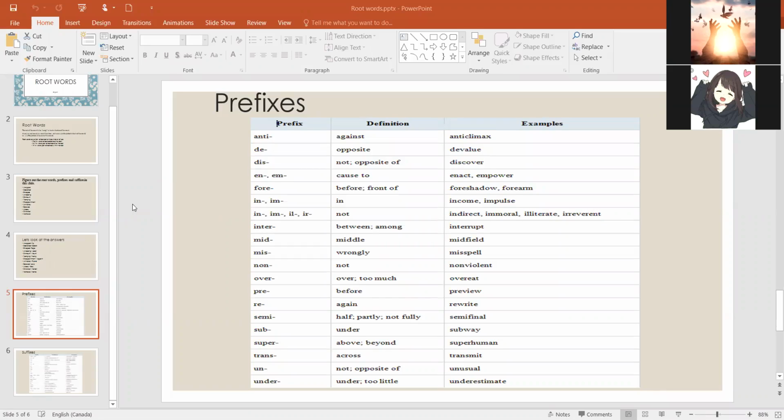So we are left with the word under. Under means too little, right? And an example is underestimate. Underage, yes. Okay, what else can you think of? Underage, underestimate. Undereducated, I am not sure about it, right?